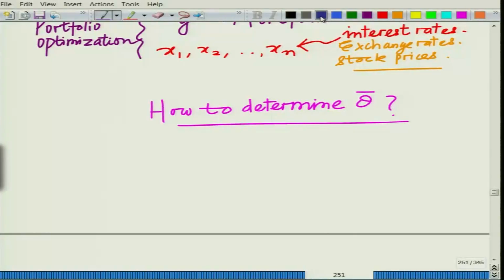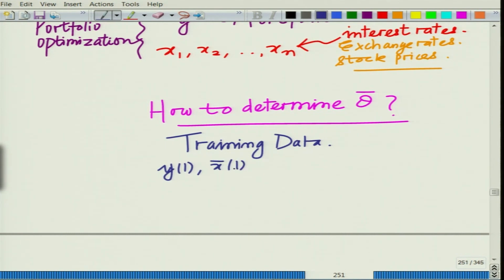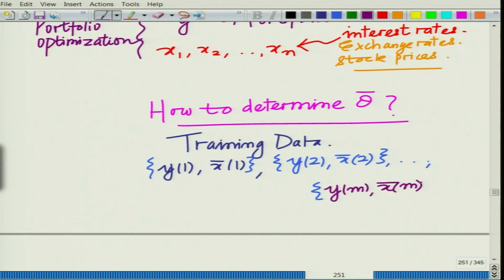For that we start with a set of training data, that is responses and corresponding explanatory variables: y1, x bar 1, then y2, x bar 2, and so on, and finally ym, x bar m.